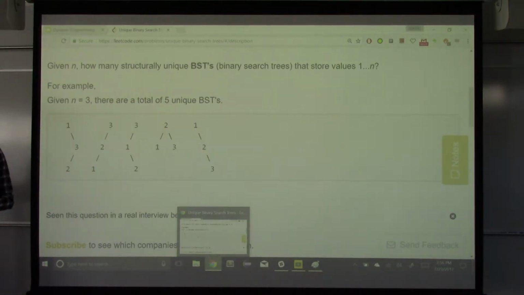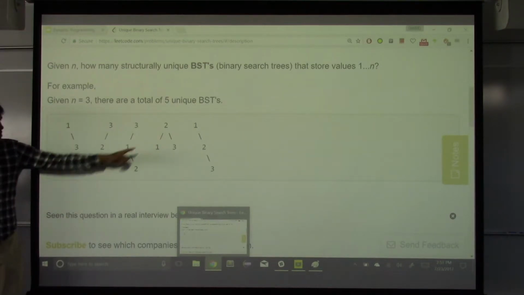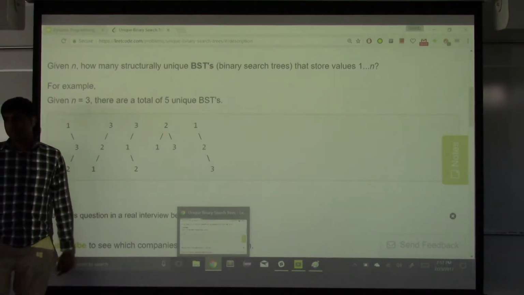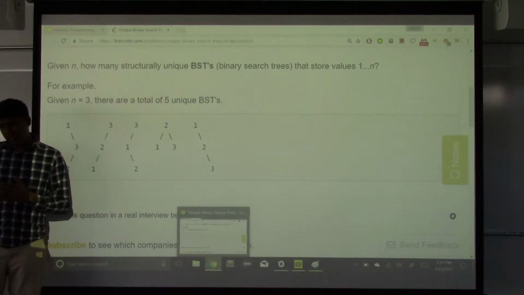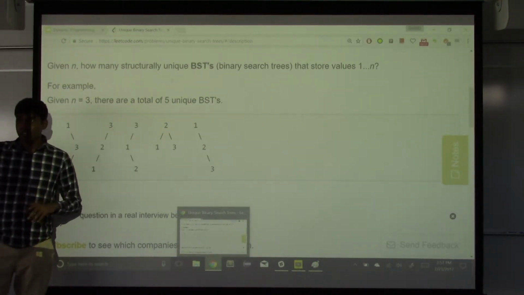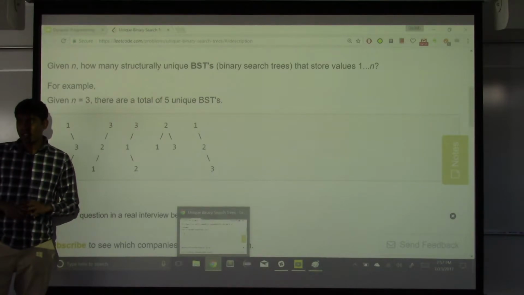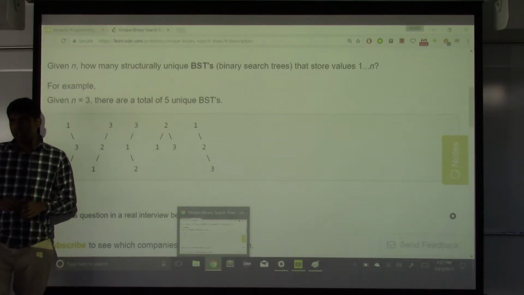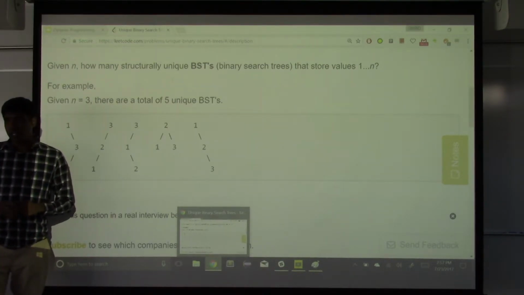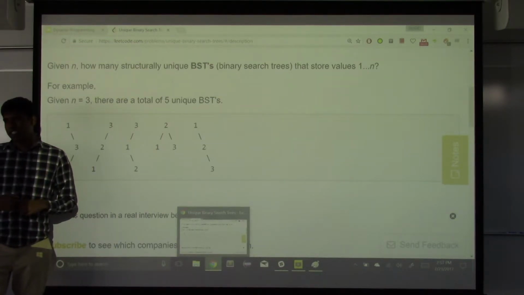Now take the case of 2, where 2 is the root and you have 1 on the left and 3 on the right. You're not given an array, by the way. You're only given n. You're supposed to calculate how many BSTs you can make with the values 1 to n, where the nodes have the values 1 to n. So where is sorting coming in?